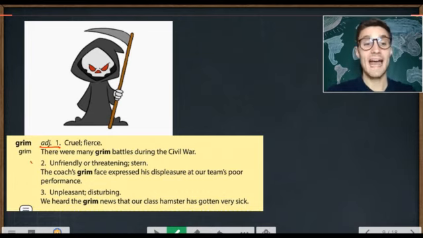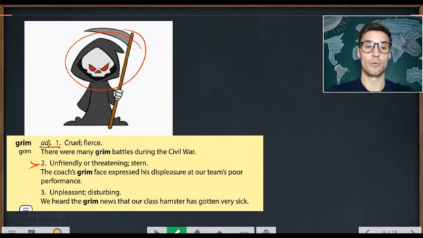The second adjective meaning for grim means unfriendly or threatening, stern. He looks grim. The coach's grim face expressed his displeasure at our team's poor performance. So unfriendly or threatening, grim.